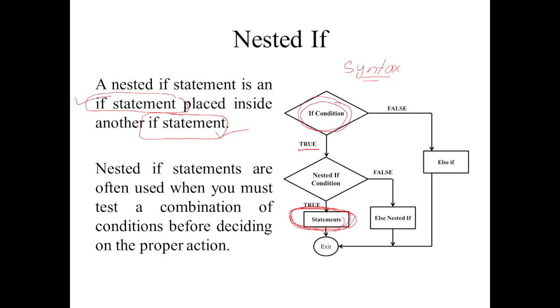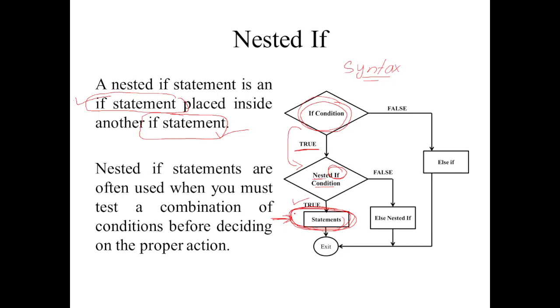If this condition becomes true, then it will move on to the next if condition, which is again another if condition, and it is called nested if because it is present within another if condition. If this is again true, then the specific block of code will be executed. Otherwise, it will not be executed.